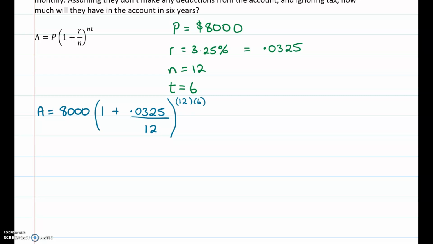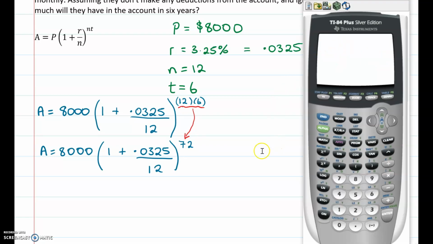Now we're going to use the calculator to do this, but I find it's better just to multiply these two things first. Sometimes people get into trouble entering that information in the calculator if they don't multiply those two bits outside first. So 12 times 6 is 72. Let's do that first, and when you have that done, now we can go to the calculator.